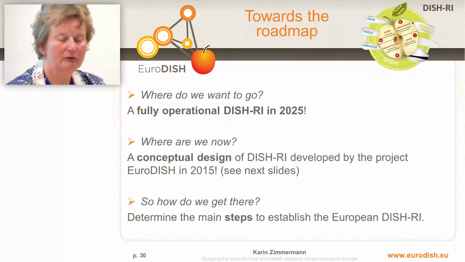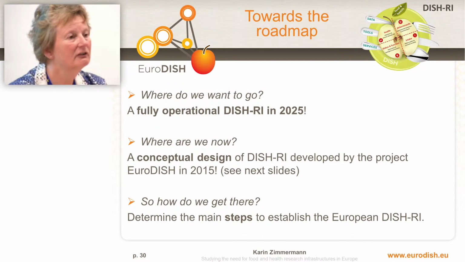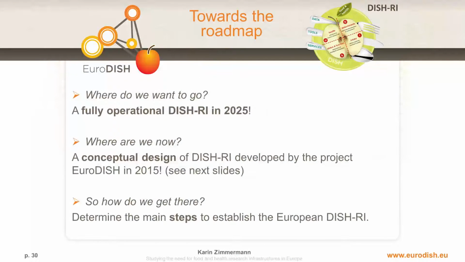For the EuroDISH, towards the DISH RI, we also will develop one. We still have a few months to go, but we have already established the first initial roadmap. What do we want to achieve?